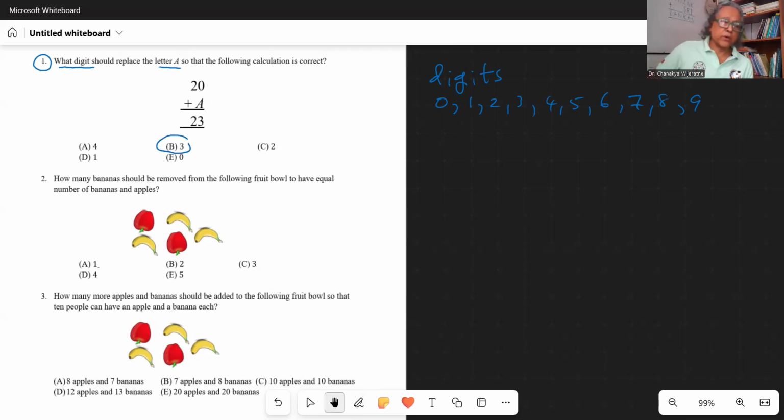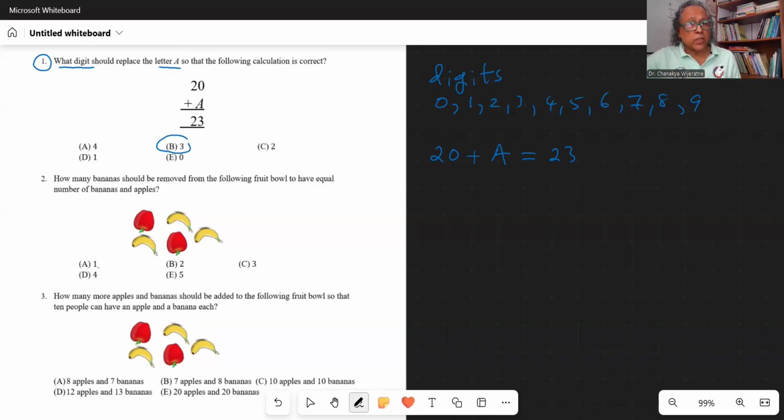Now you can think of this in other ways. You want to add something which is denoted by A, and you get 23. So what is this something? What does this letter A stand for?